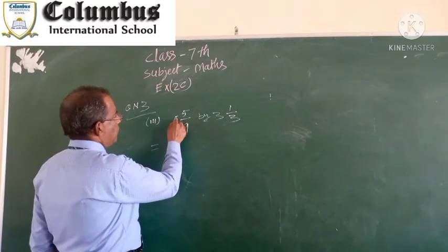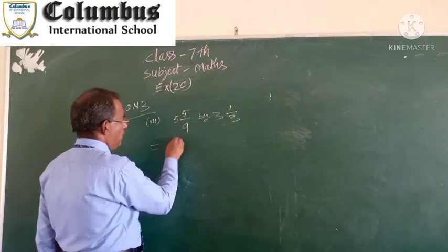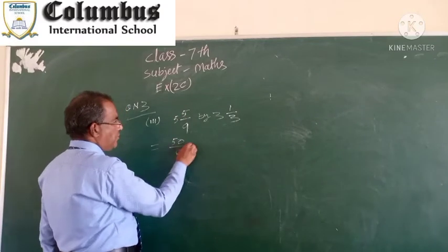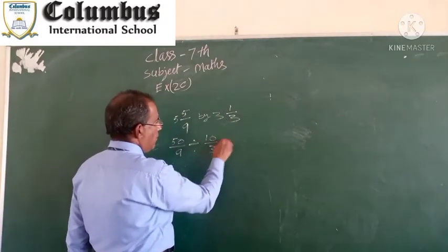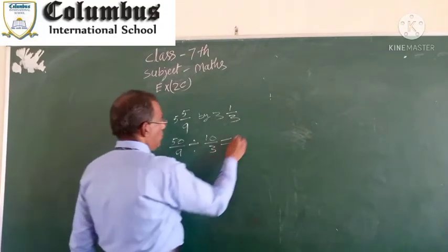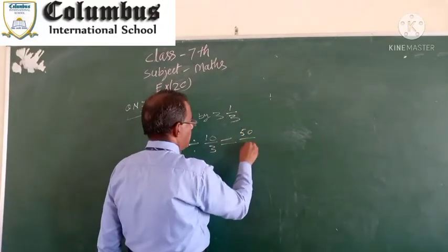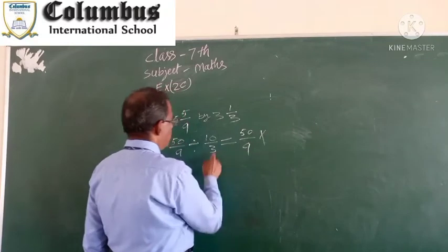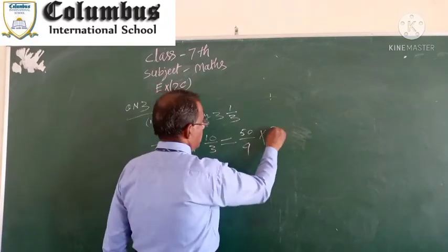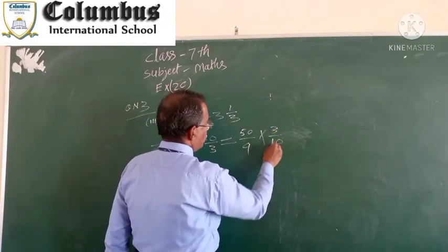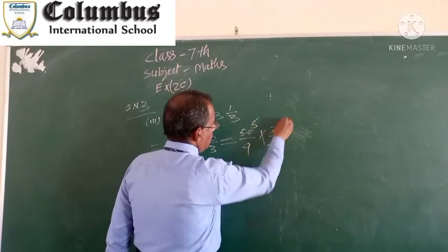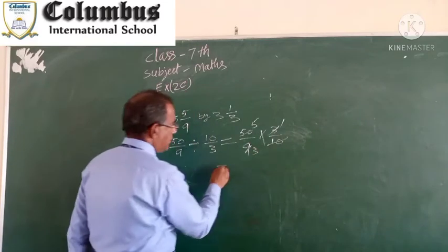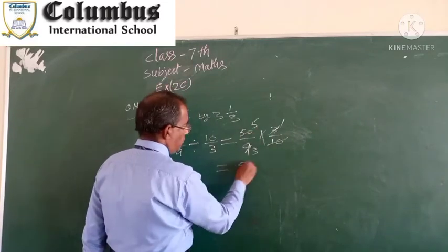That is, 9 fives are 45, and 5, so 50/9, divided by 3 threes are 9, 10, so 10/3. It's equal to 50/9 into the reciprocal of 10/3, that is 3/10. 10 fives are 50, and 3 ones are 3, 3 threes are 9. Its answer is 5/3.